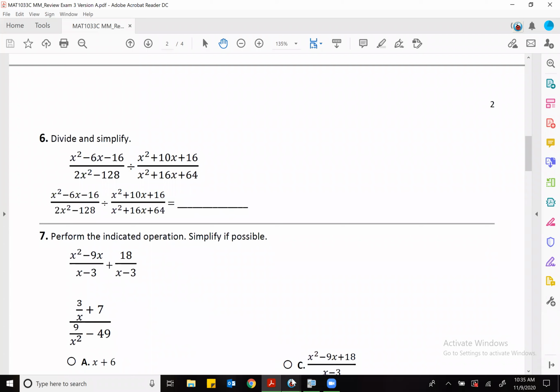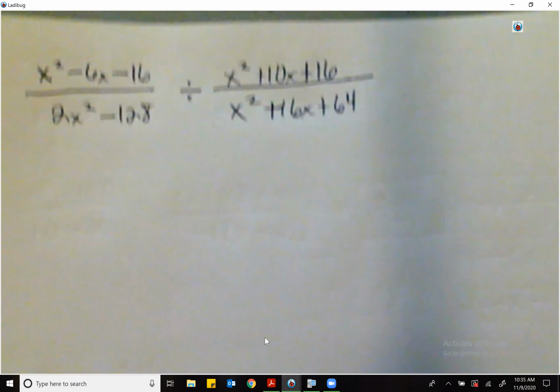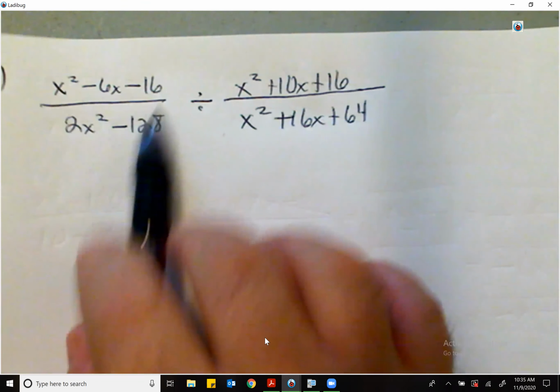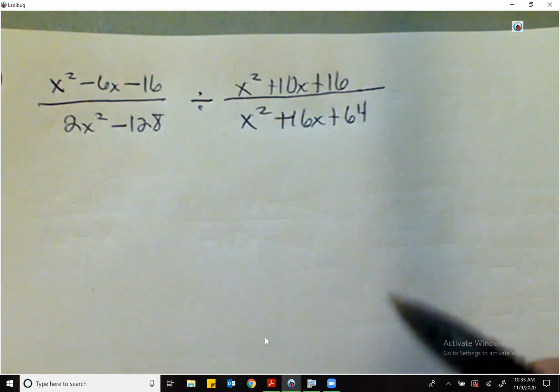How do we divide rationals? You flip the second term and change the divide sign to a multiply sign. Yeah, keep, change, flip. We keep the first one the same, change this to multiplication, and flip the second guy. So let's go ahead and do that.